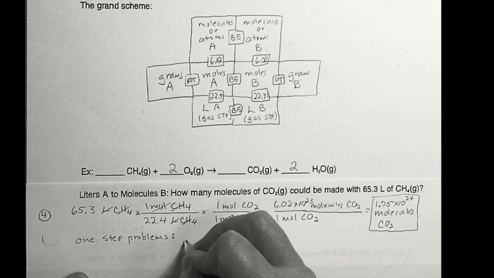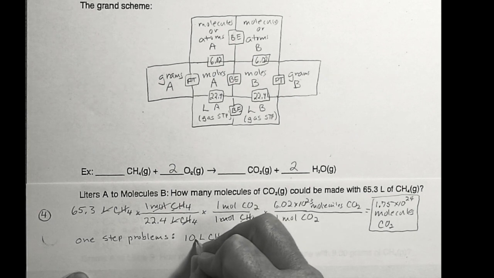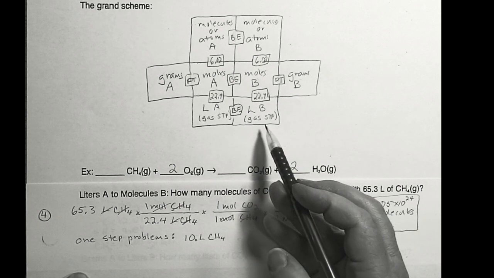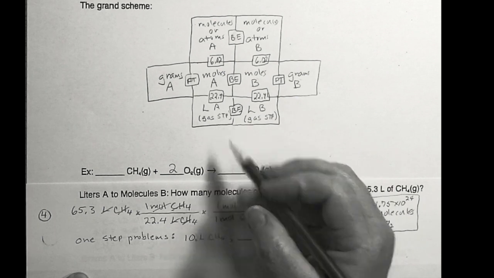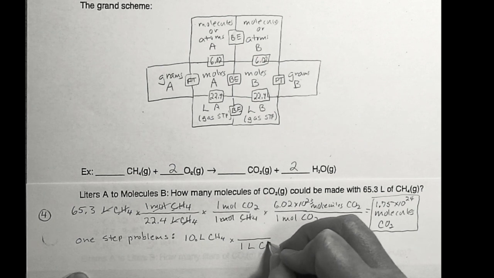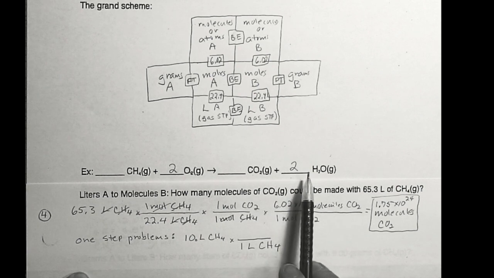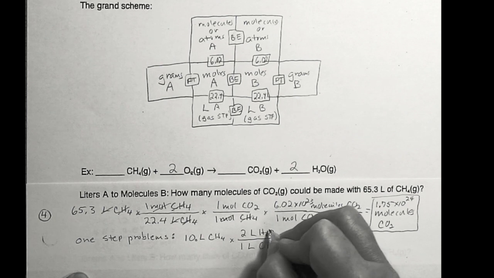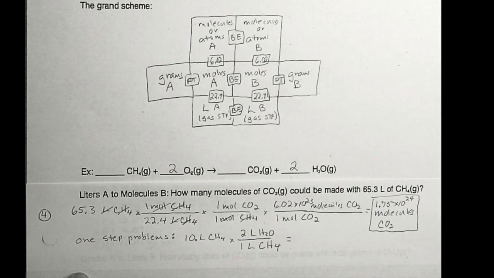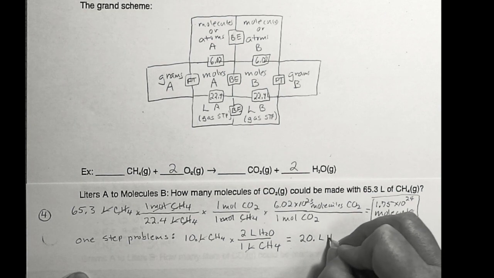This looks really strange, but I can say that 1 liter of CH4, from the balanced equation, will produce 2 liters of H2O. And that's all you have to do. So the liters of CH4 cancel, you have liters of H2O, and of course this will just be 20 liters of H2O.